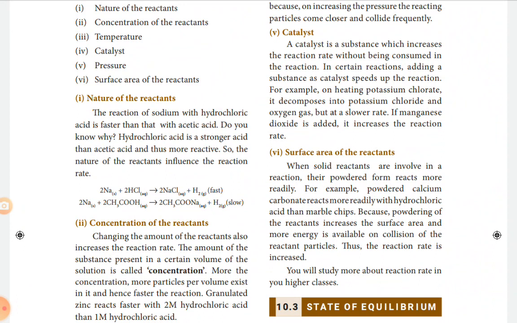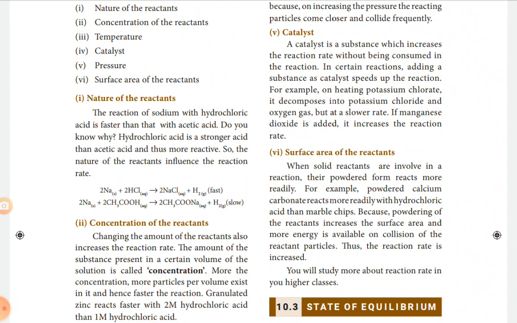And see, in certain reactions, addition of a substance as a catalyst speeds up the reaction. For example, heating potassium chlorate. It decomposes to potassium chloride and oxygen gas. So this reaction is normally at a slow rate at room temperature, and on heating it is still at a slow rate.